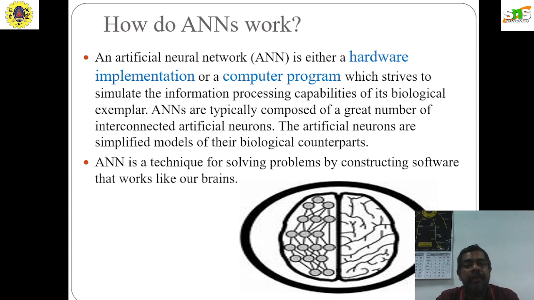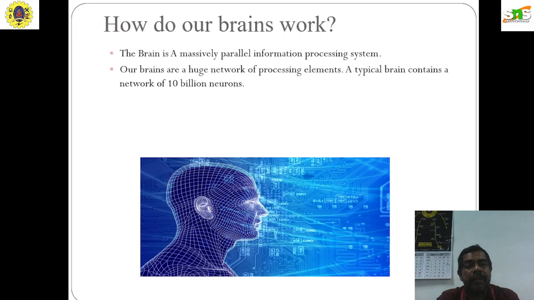The artificial neural network is either a hardware implementation or a computer program that processes information the way a biological neuron works. But an ANN has a greater number of interconnected artificial neurons, and each neuron is a simplified model of its biological counterpart. So the ANN is a technique for solving problems by constructing software that works like our brains.